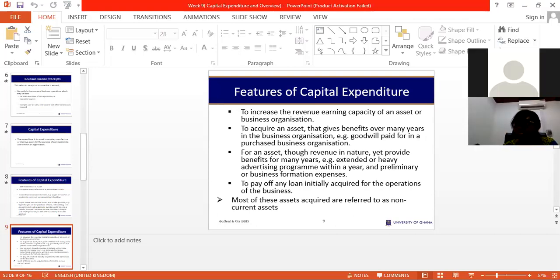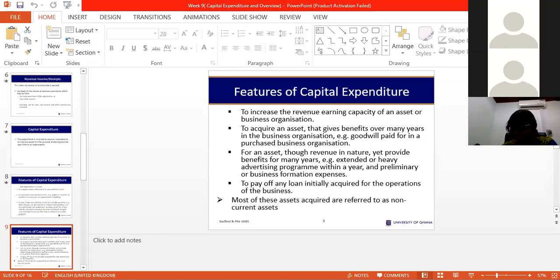Yes, Kwesi, Justice. Madam, please, how about the interest on the loan? The interest on the loan will be a revenue expenditure. Well, depending on the terms, there are some loan agreements that add the interest to the loan and you pay all together.